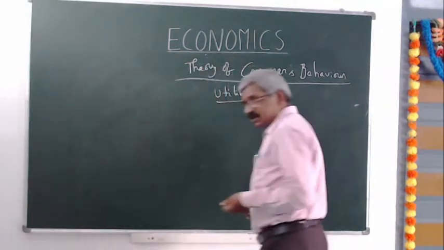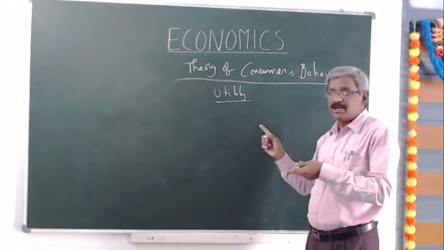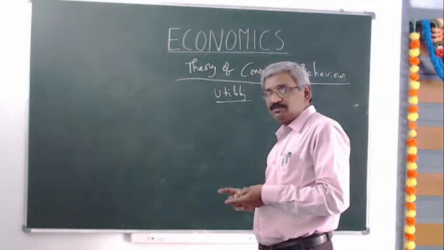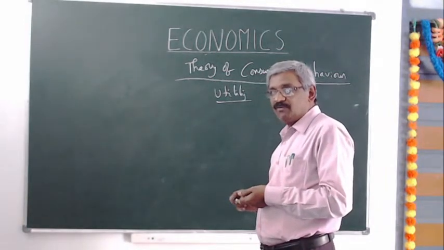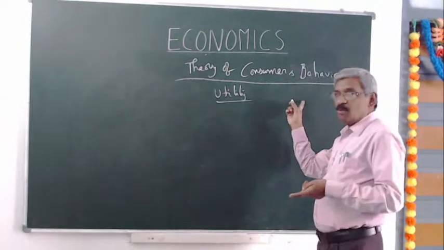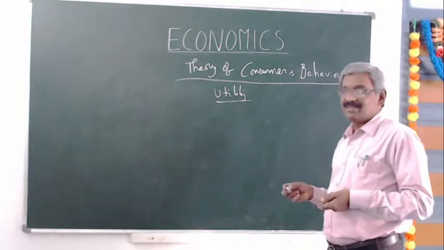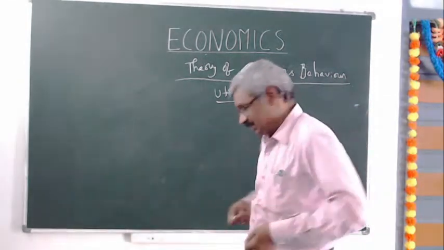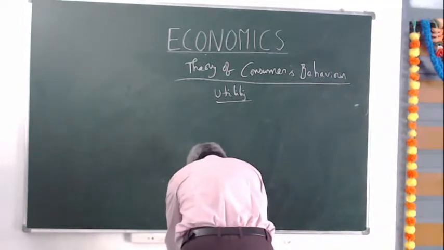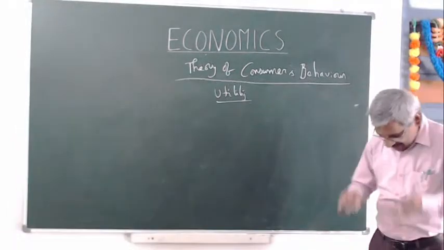What is utility? We already discussed it in the previous class. Utility refers to the capacity of a commodity or good to satisfy human wants. That is called utility, the capacity of human wants, and this type of utility is a satisfaction.